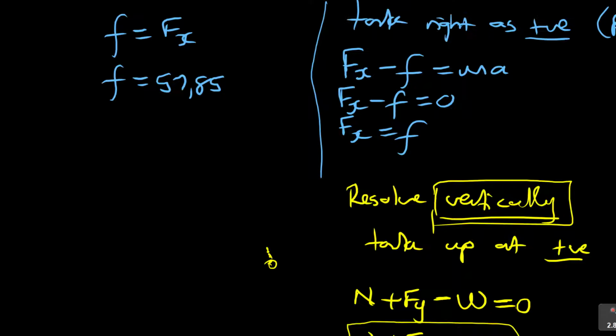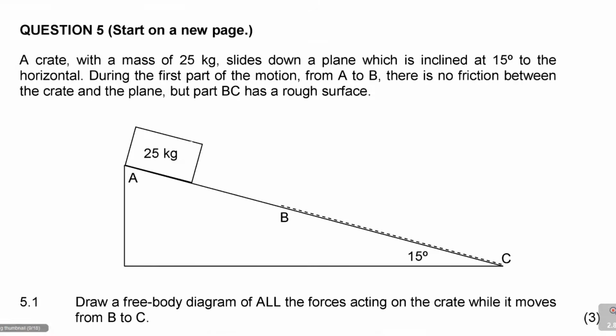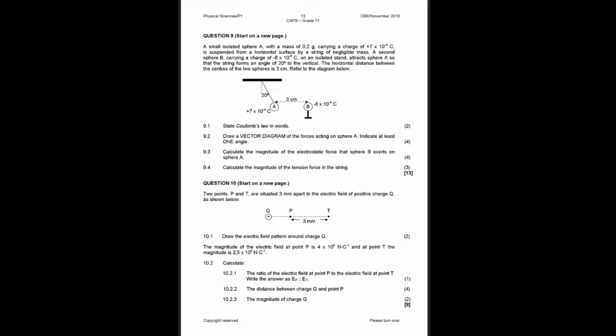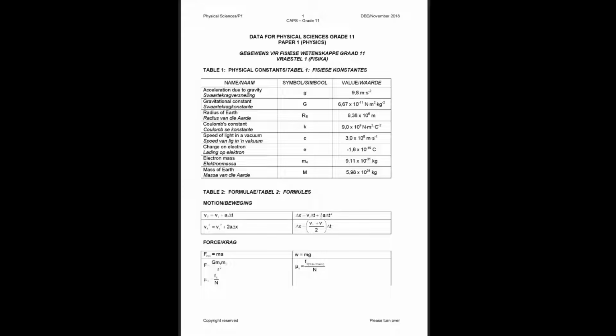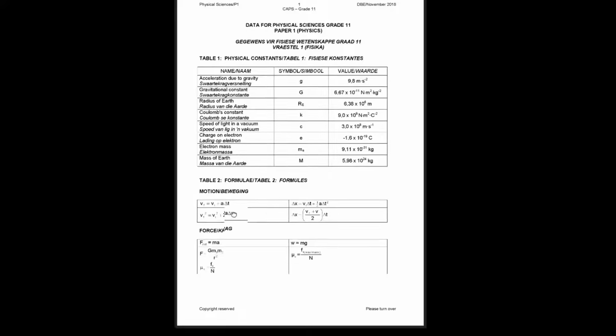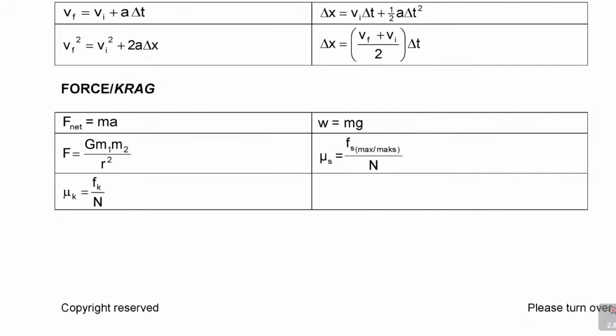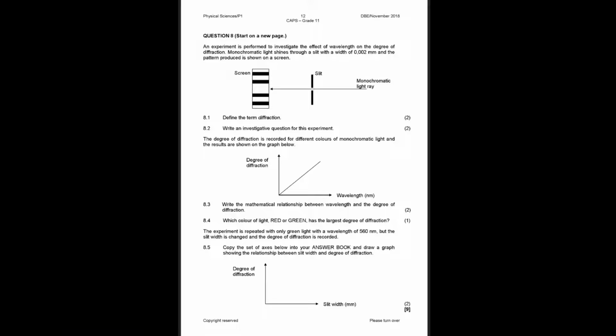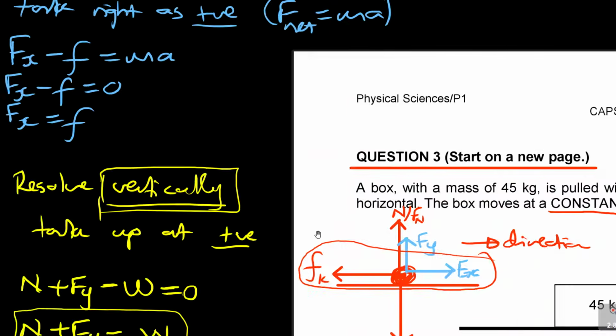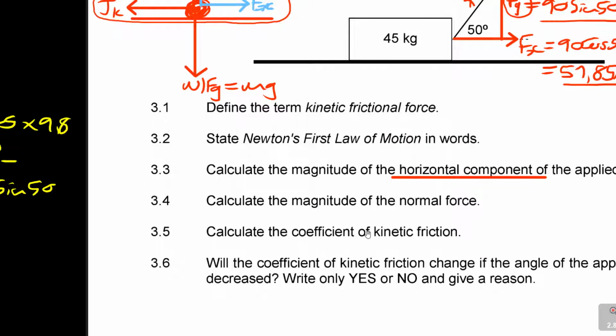Now the next part, let me just quickly check the formulas here to see what you're given. If you're given friction, yes, there we go. You see it says mu k is equal to Fk over n. This is the formula I want to use. What is the question saying? The question here is saying you need to calculate the coefficient of kinetic friction.